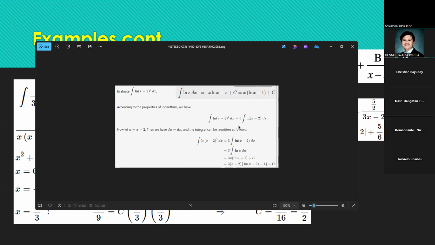So hindi ko na isasama to. Diretso plus points na yun, sir. Sige, plus points. Kasi hindi natin nasagutan eh. Okay, kasi parang nag-magic yung solution. Alright, so anything else? Yeah, i-upload ko to later sa Canvas. Ano, bakit kaya? Bakit kaya nawala?